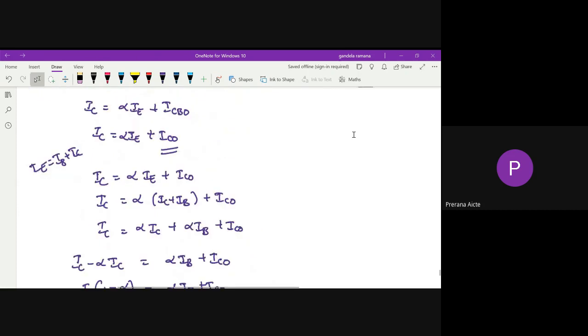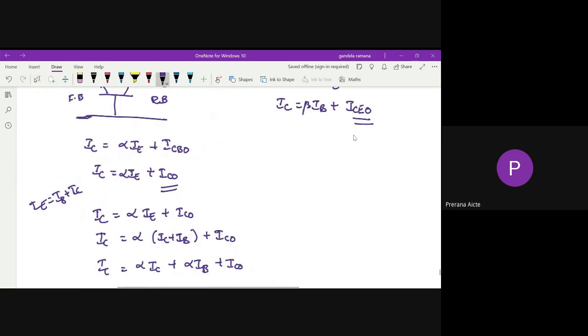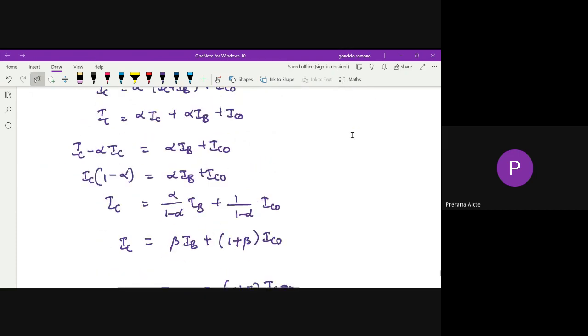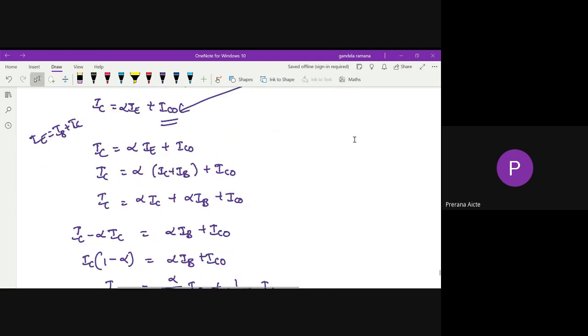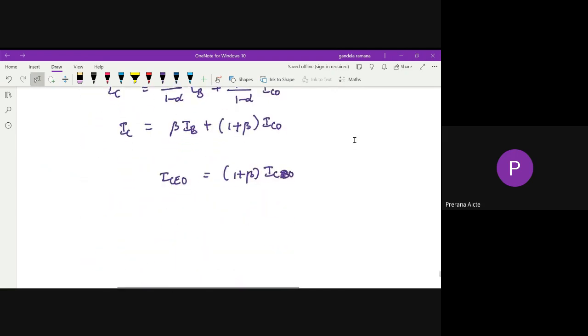So IC is beta IB plus 1 plus beta ICO, and the two ICO values are not the same. So ICEO is equal to 1 plus beta ICBO. This will be useful in problems.